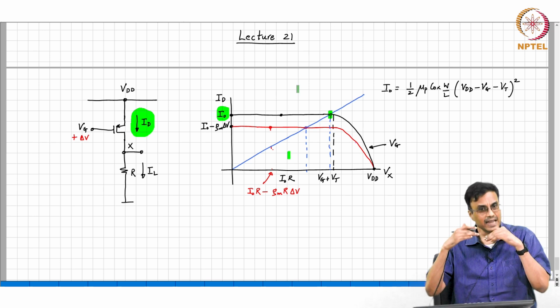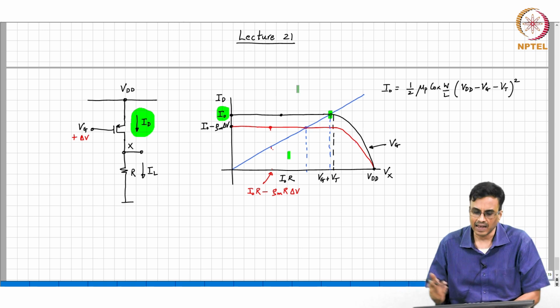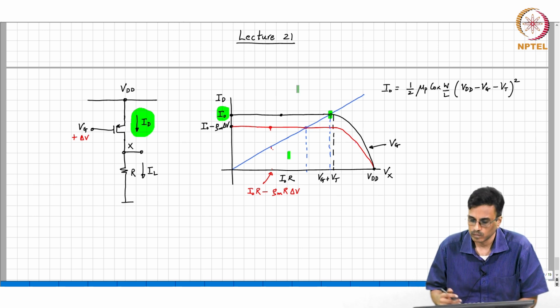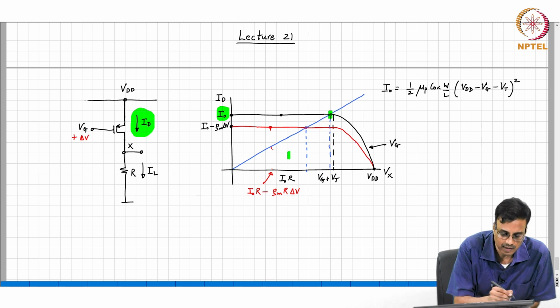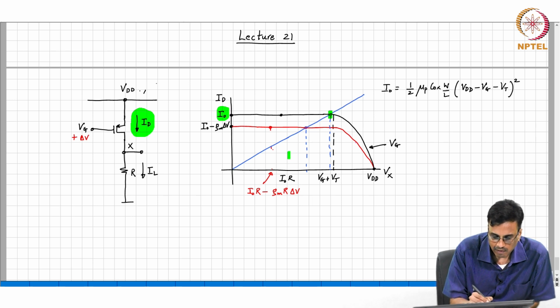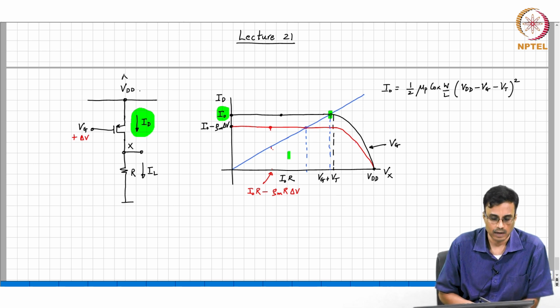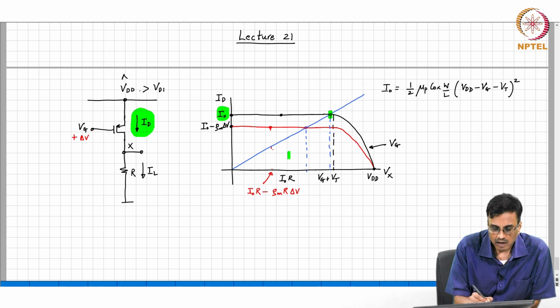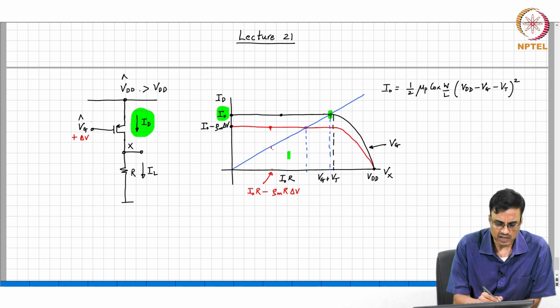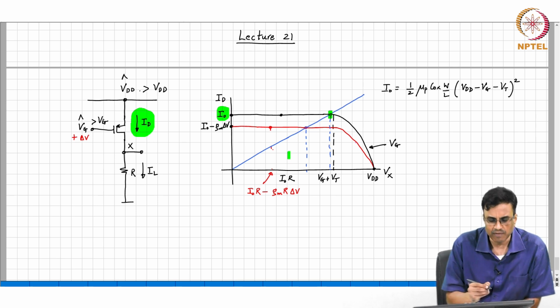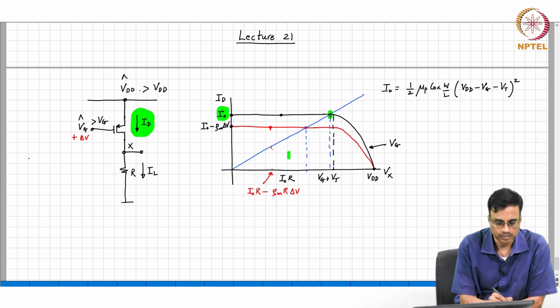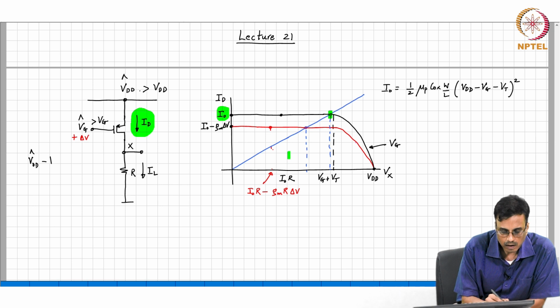If I increase VDD and VG both by the same amount, what happens? Let us call that, so therefore now let us say the new VDD is VDD hat, which is greater than VDD, and the new VG is VG hat, which is greater than VG, so that VDD hat minus VG hat is the same as VDD minus VG.